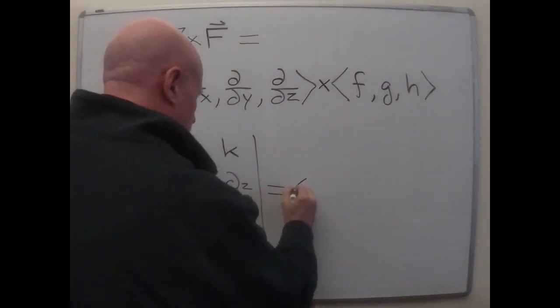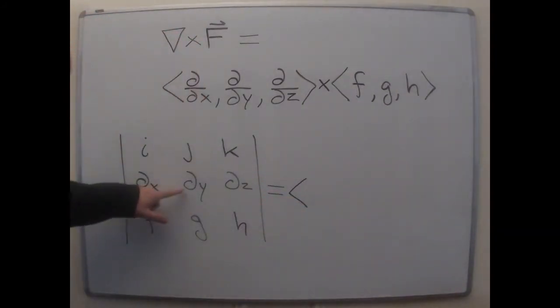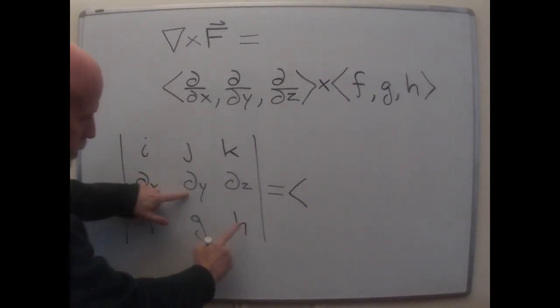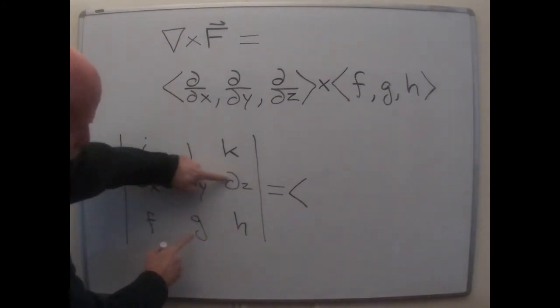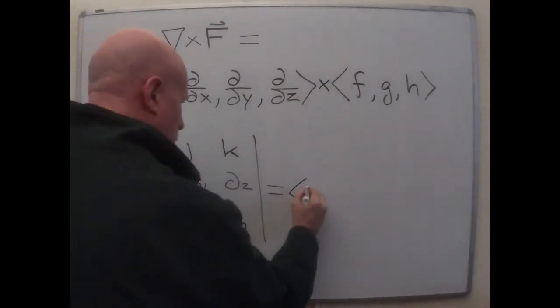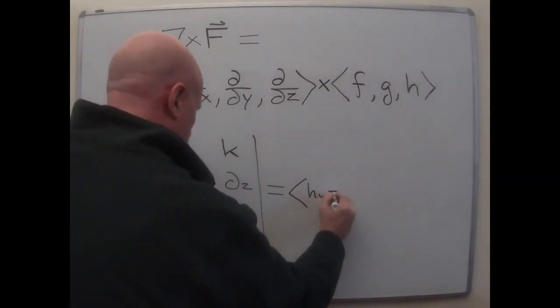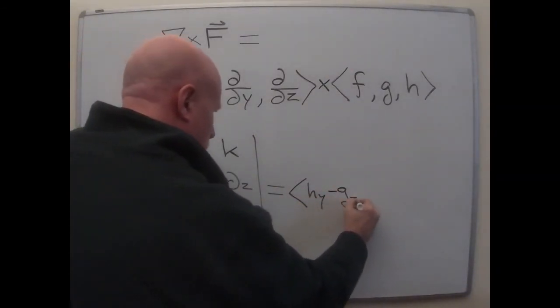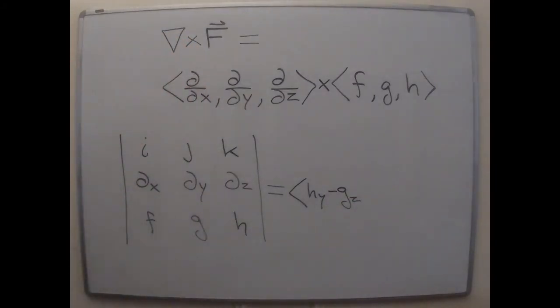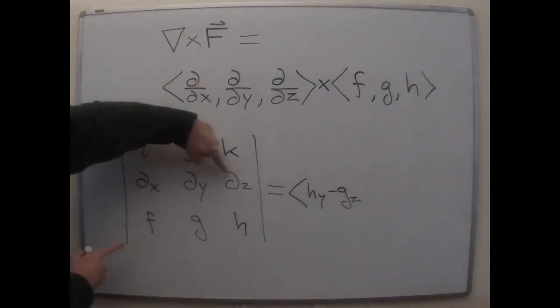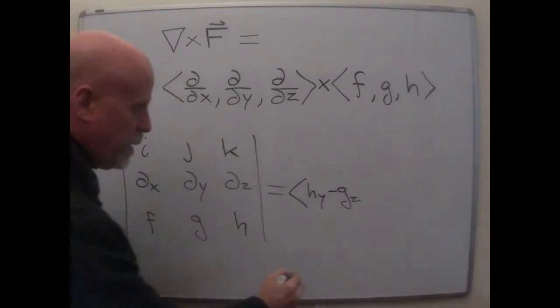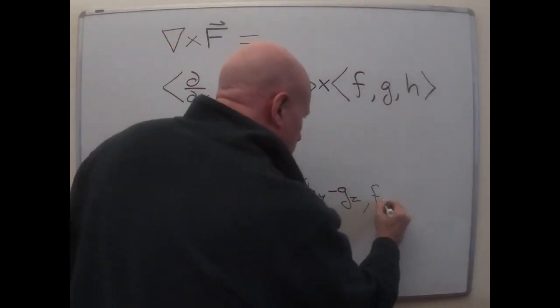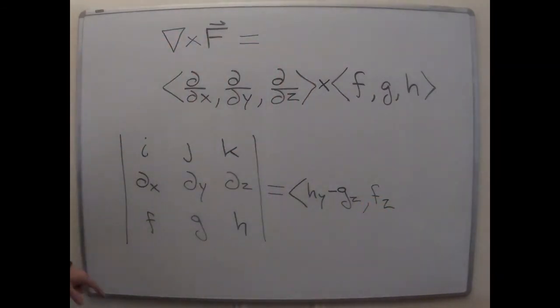Let's just jump to the chase then. The thing that goes in the i component is the y derivative of h minus the z derivative of g. That is h sub y minus g sub z. The j component is going to be partial z of f, which is f sub z, minus partial x of h.